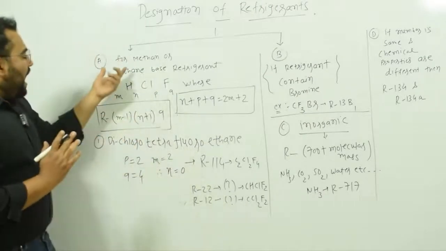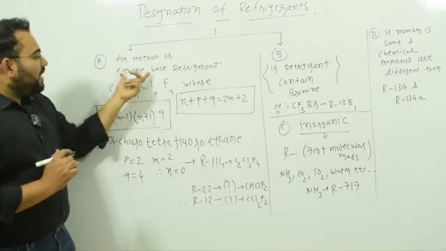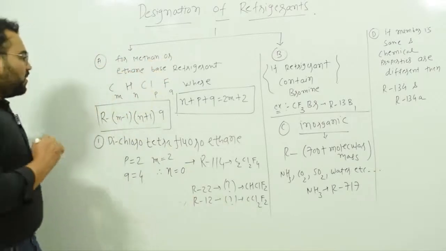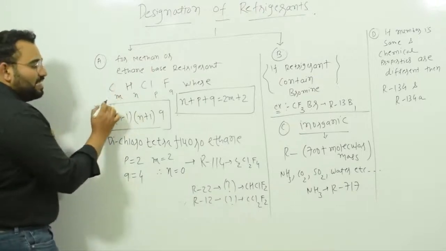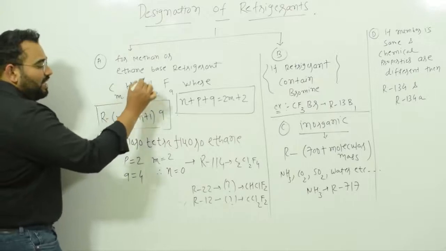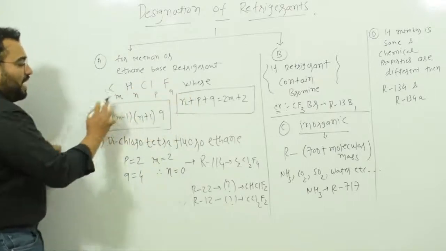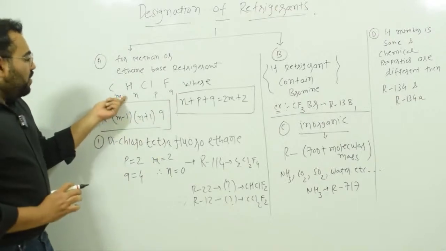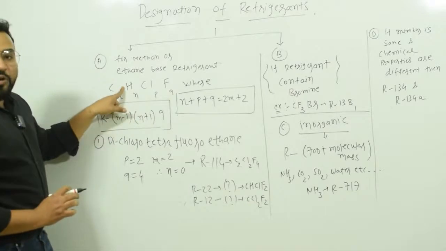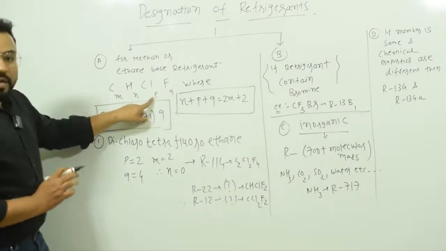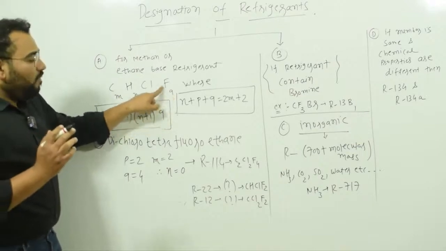First, how to give the name to the refrigerant which has a methane or ethane base. Remember this formula. For methane and ethane base, the chemical formula will be CmHnClpFq, where M is equal to the number of carbons, N is equal to the number of hydrogen, P is equal to the number of chlorine, and Q is equal to the number of fluorine.